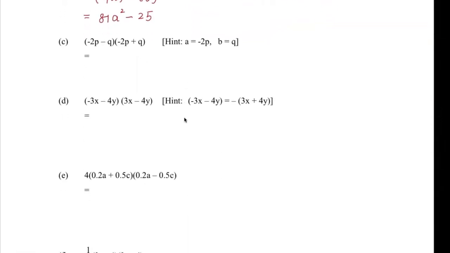Let's look at 2 more questions. Let's look at c. Question c goes minus 2p minus q times minus 2p plus q. It's a little bit tricky here, but the hint is pretty clear. In this question, A is equal to minus 2p, B is equal to q. And we know that the formula is A plus B times A minus B is equal to A squared minus B squared.